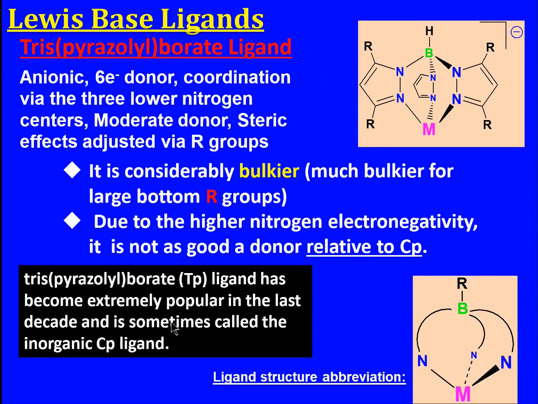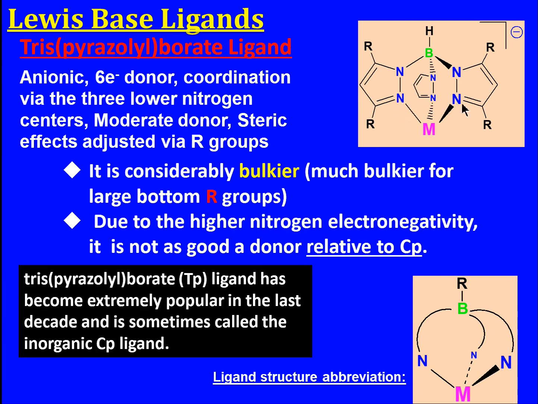The borate ligand, abbreviated as Tp-, is anionic 1-, tridentate, so a 6-electron donor, and it coordinates via the 3 pyrazole nitrogens. It is a moderate donor but a bulky group, and its bulkiness increases with larger R groups.